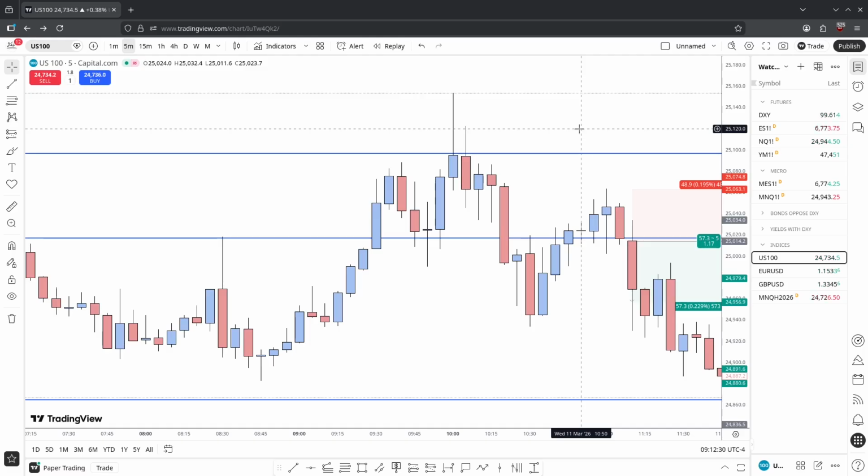You short. Now, if we take the same scenario and we took the low instead of the high, and we rejected the low, and we ended up closing bullish, then I would be in here looking for a long. Simple as that.